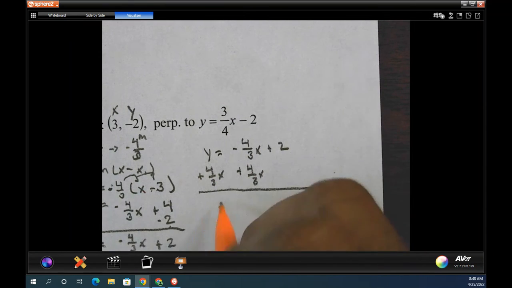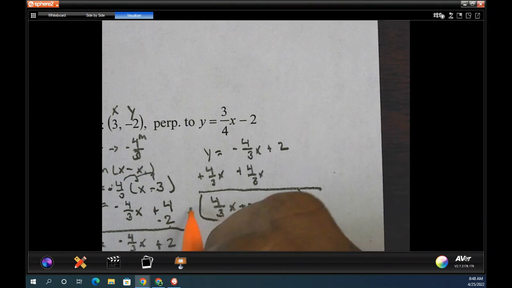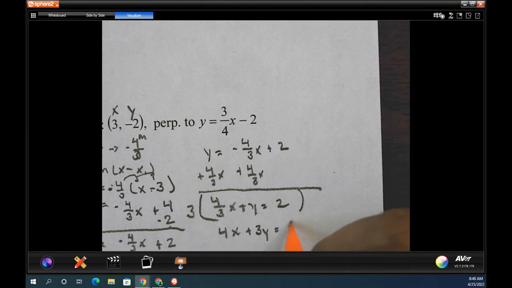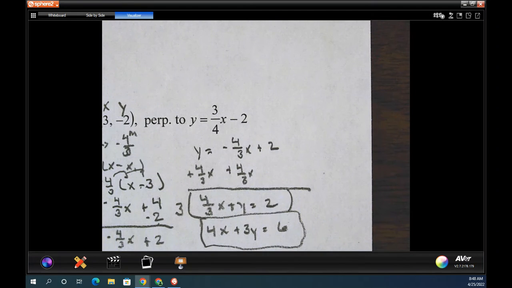So that gives me 4/3 x plus y is equal to 2. Multiply everything by what's in the denominator, 3. So that's going to be 4x plus 3y is equal to 6. There's the answer we were looking for. It's in standard form. All right.